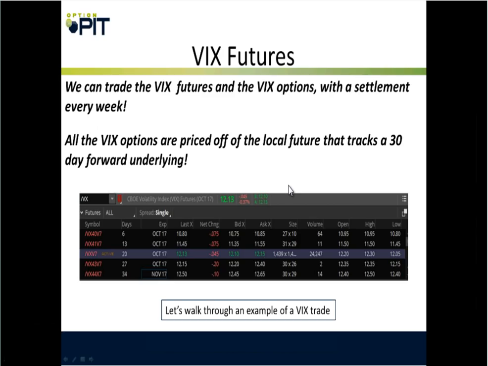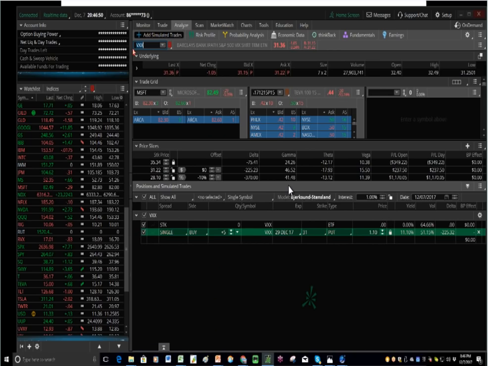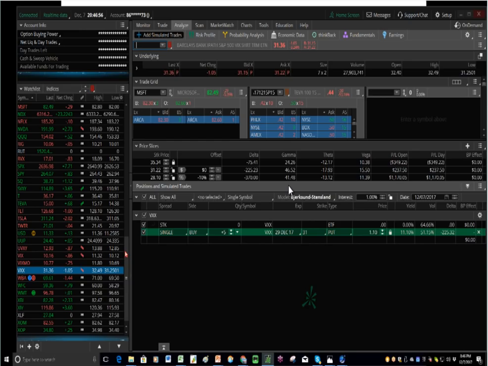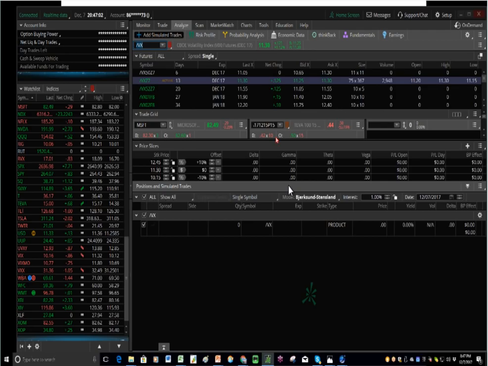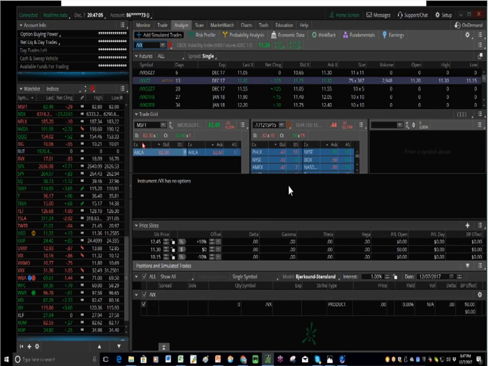Now we could look at that now. I think VIX settled at 10.16 today. So here's the thing. I have a 10.16 settle, options expiring in 6 days. This future closed 11.05.